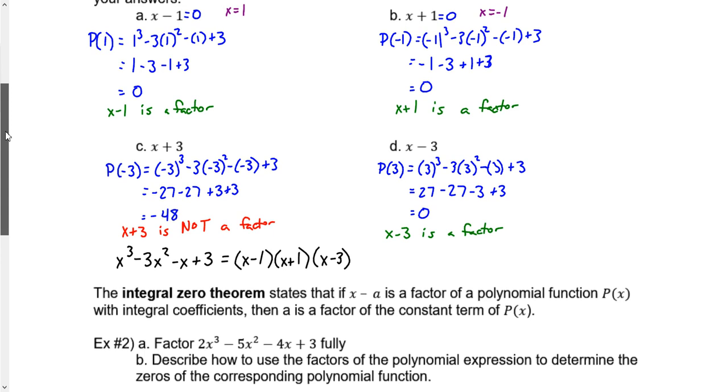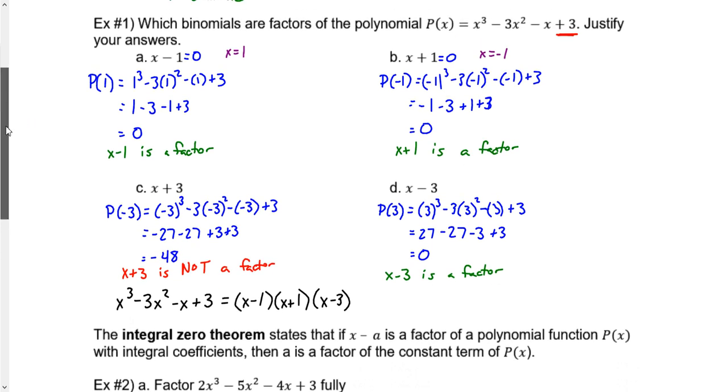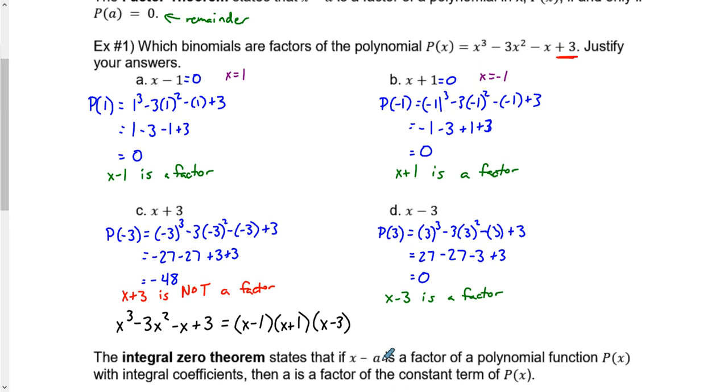So what that's saying is if we want to say we have a binomial that's going to be a factor, all we have to look at is our constant term. We have to look at that 3. And we're going to look at the factors of that constant term.